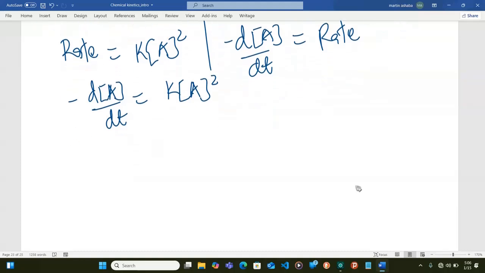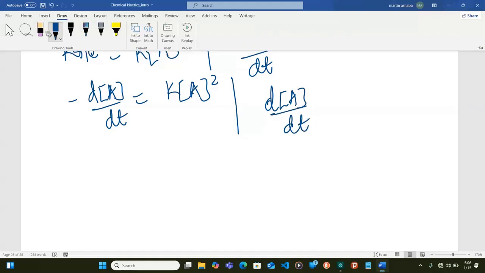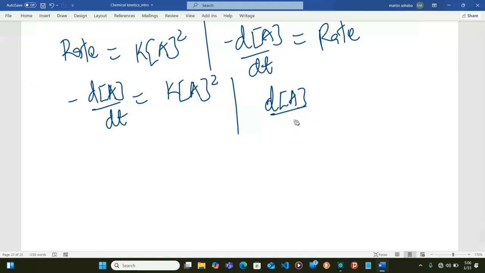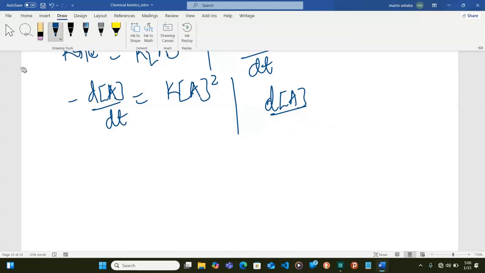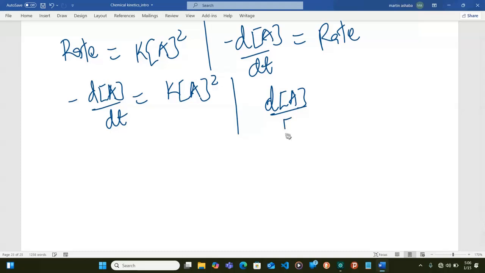If that is the case, I can do the separation of variables, and I have d[A] divided by [A]^2, and of course this is minus, and this is equal to k dt.